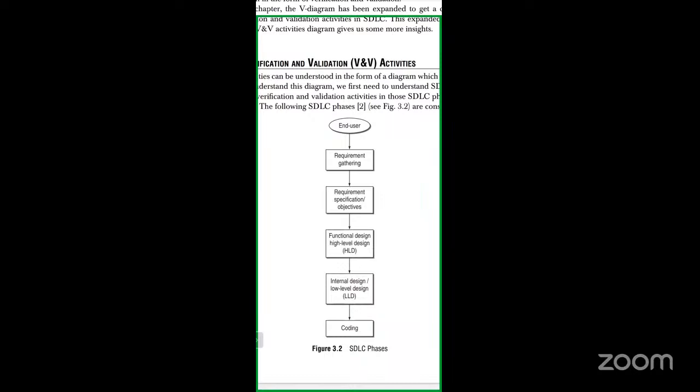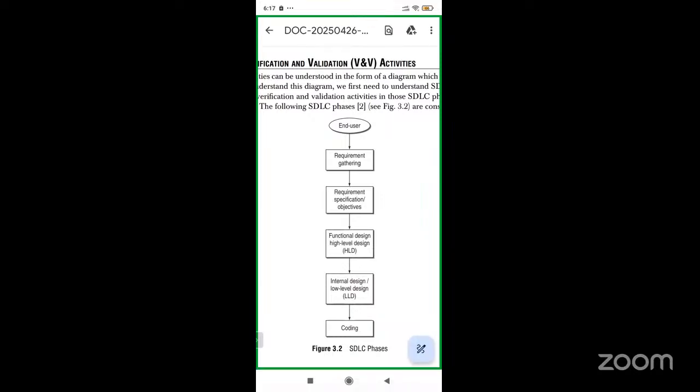The company takes the entire information, that is the requirement gathering phase is done. After that, they undergo requirement specification or objectives, that is what the requirements of the user are and how we can fulfill those requirements, which the team is going to check.